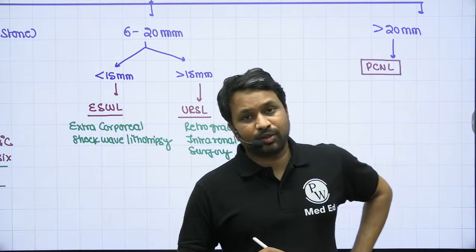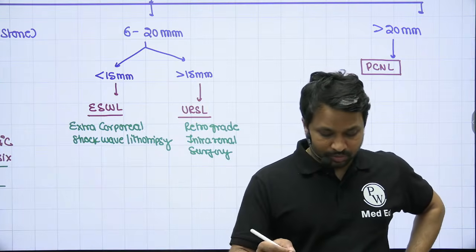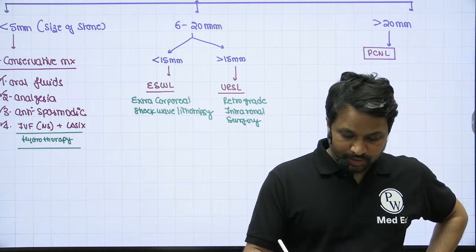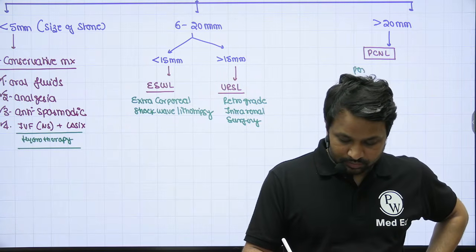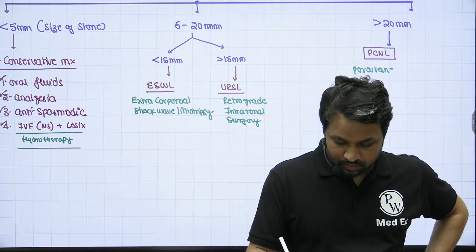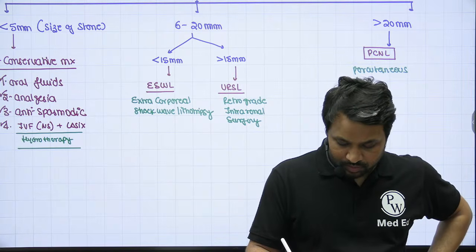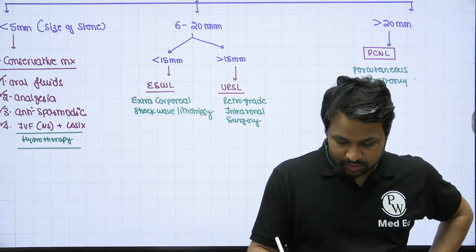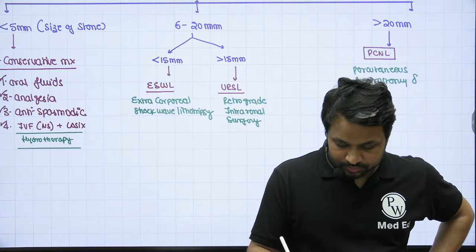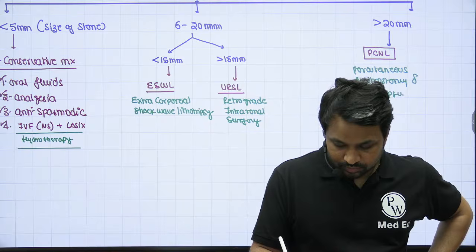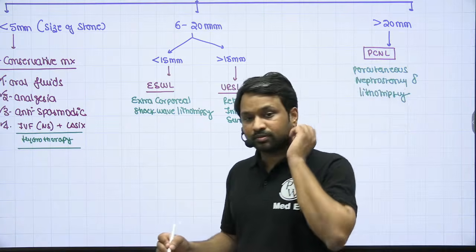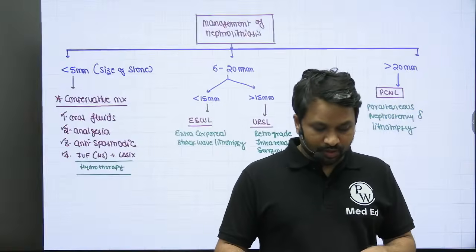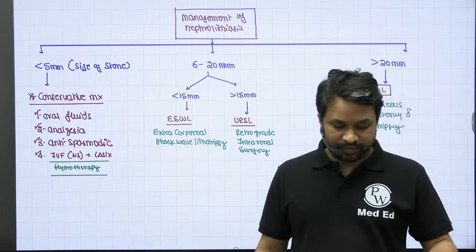So it is percutaneous nephrostomy and then lithotripsy, to extract the stone. This is what we call PCNL. Okay. So these are the management options that you have.